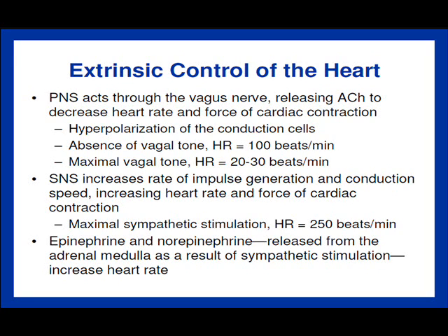Okay, as you know, with the parasympathetics we're releasing ACH, with the sympathetics we're releasing norepinephrine. Okay? Epinephrine and norepinephrine are released from the adrenal medulla. We know there's also that coming from the adrenal medulla, right?